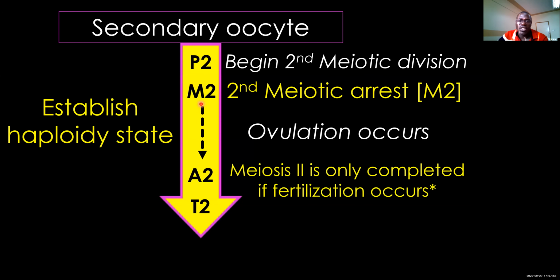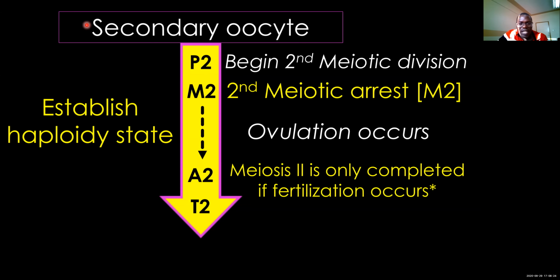That is the prerequisite for completion of the second meiotic division. It is only completed if this egg becomes fertilized. If it is not fertilized, it will never complete the second meiotic division. If it is fertilized, it will complete the second meiotic division.